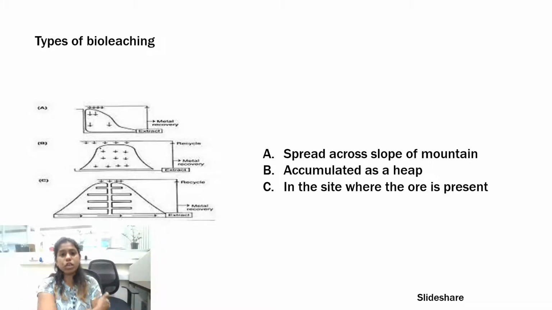Even in the picture we saw that the mining site was like a slope. In heap bioleaching, instead of a slope, the metal ore is placed in a heap. And in the case of in situ, instead of digging out the ore and laying it as a slope or heap, it is done under in situ conditions, where the microorganism is injected into the site where the ore is present, and then later on, after conversion, it is recovered.